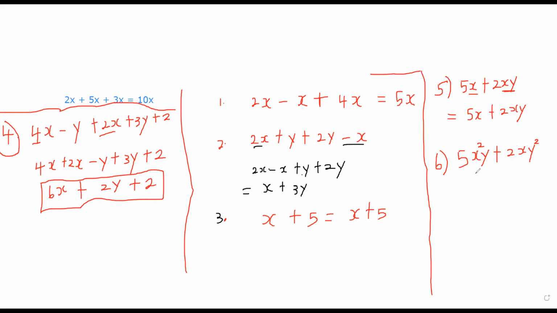So they ask you, simplify this. How would you simplify it? Let me read it out. 5x squared y. In this case, the x is squared. Plus 2x y squared. What will be our answer here?